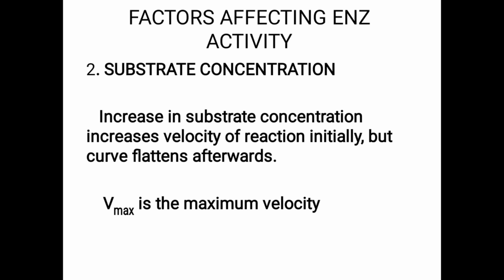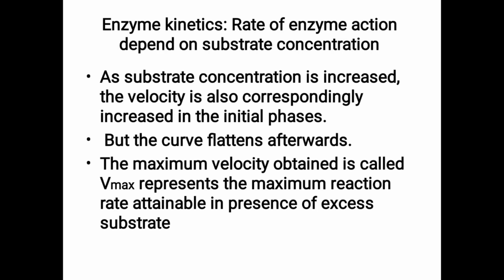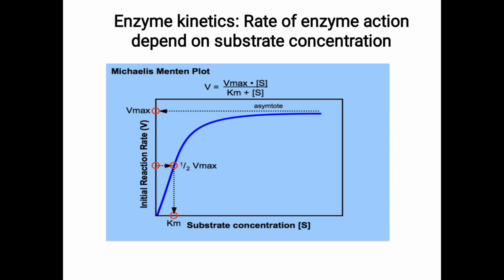Increase in substrate concentration increases the velocity of reaction initially, but the curve flattens afterwards. First you get a straight line, then the curve flattens. So here we don't get a straight line. Vmax is velocity maximum. You see substrate concentration on the x-axis and initial reaction rate on the y-axis.